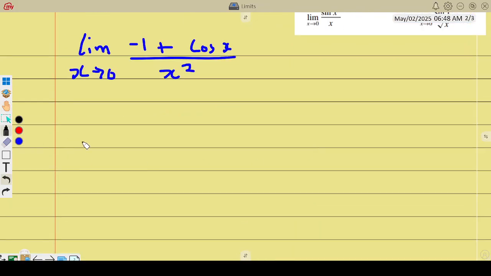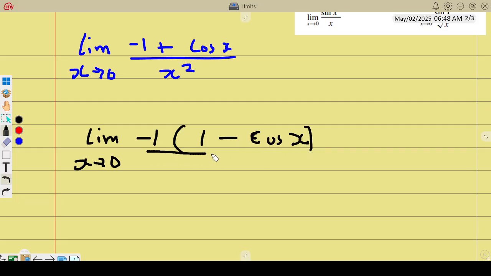So let's factorize. We'll say the limit as x approaches 0. So here when we factor out a -1, we just remain with 1, because -1 times this will take us back to the original one. So we factored out -1, the positive remains negative, and then we have cos x over x squared.